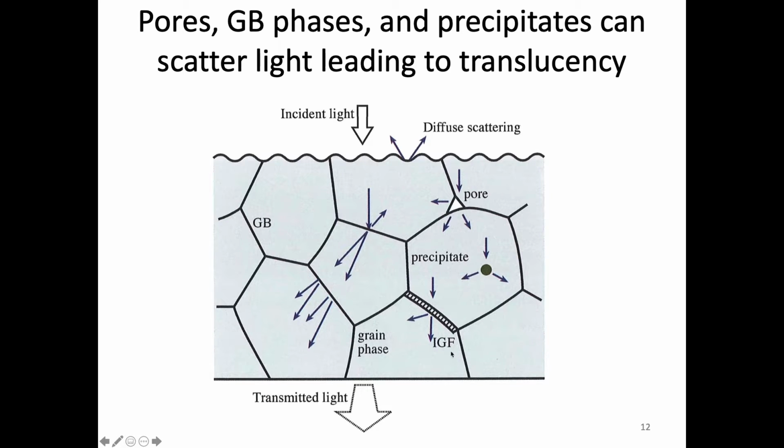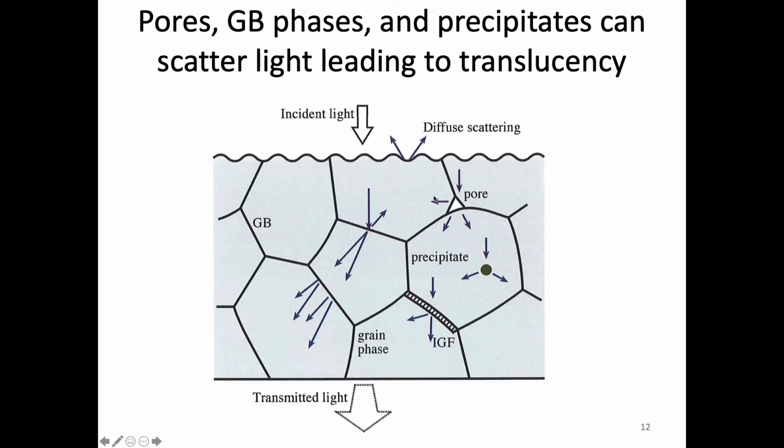If there's some type of intergranular phase that happens here, so this could be a glassy material or a precipitate, whatever it is, some type of phase can cause scattering of light and therefore cause it to not be transmitted. So any type of phase along the grain boundaries, precipitates, so particles inside of that, can cause it, as well as pores.